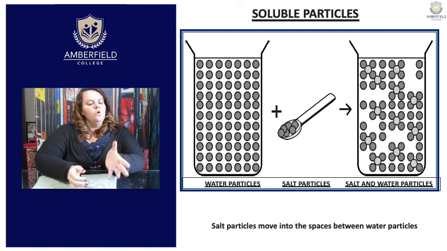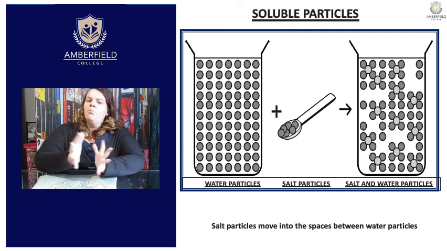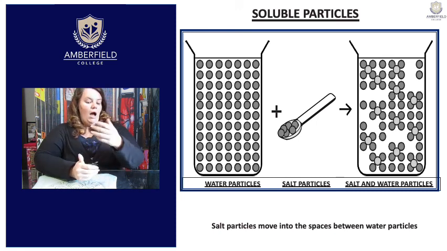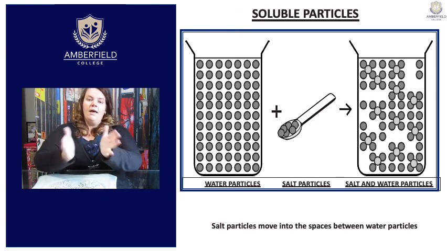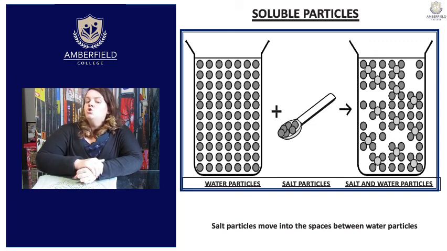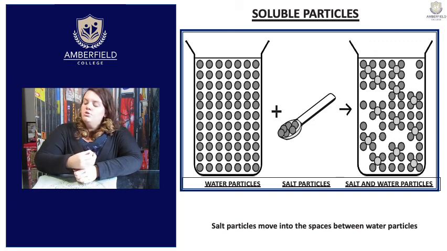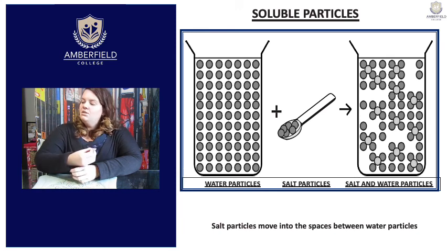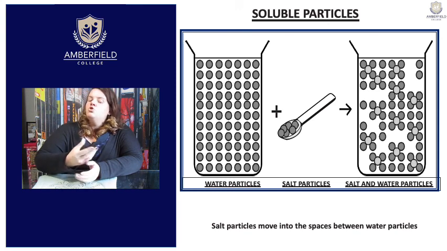Now these salt and water particles have become one, they have merged and they have mixed between one another. So we have our solid and our liquid, they have become one to make a solution, but we call this a soluble solution or soluble particles. Then salt particles move into the spaces between the water particles, and that is how we see soluble particles.